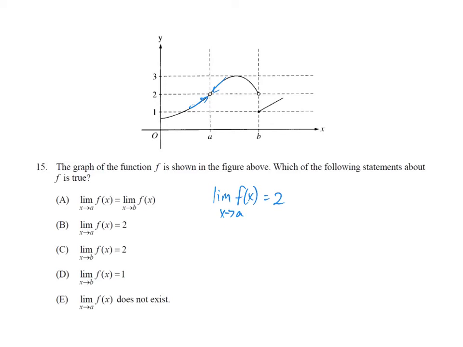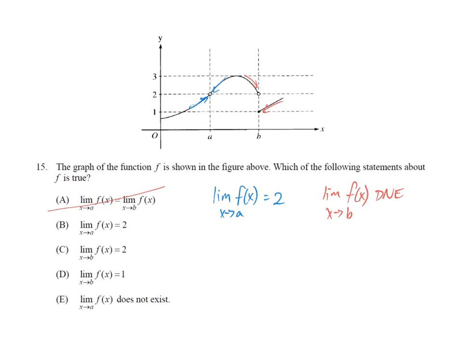From the left and the right side, it approaches 2. Now the limit of f of x as x approaches b, oh no! Looking at it from both sides, it's approaching 2 different values, so that does not exist. All right, so A cannot be true.